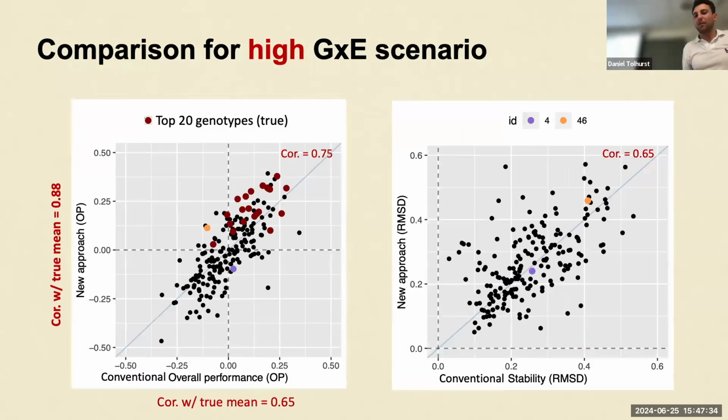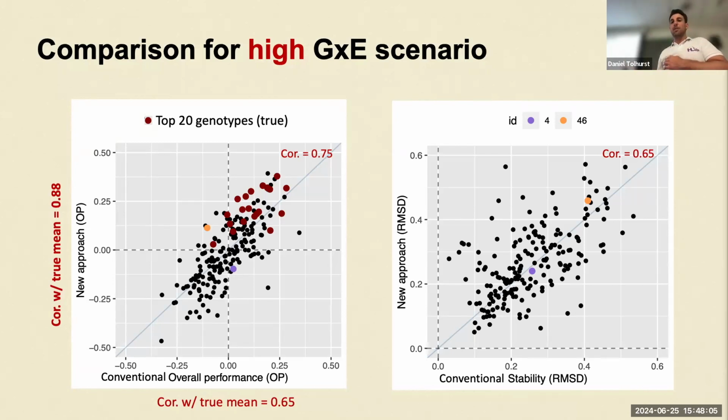And then I've just got here to say, well, if it just comes down to a selection problem, let's say we were to select on the old measures and take the top 20 genotypes, which are based on the true ones there, in the red, you're going to select a different top 20 based on the two different measures, in terms of the old PCA type approach. And really the big difference doesn't come into the first, overall performance.